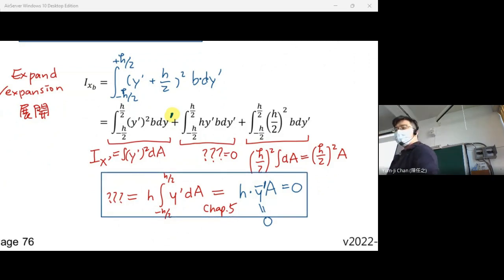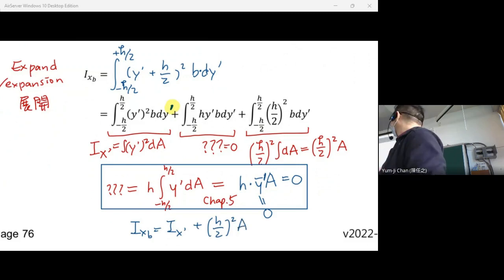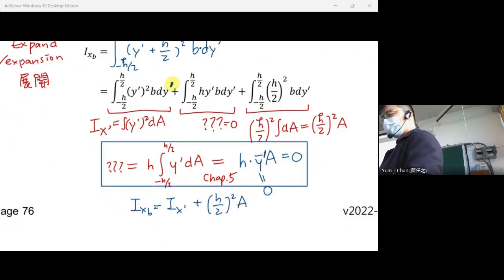Therefore, Ixb is equal to Ix prime plus half of h bracket squared times A, which is the parallel axis theorem.